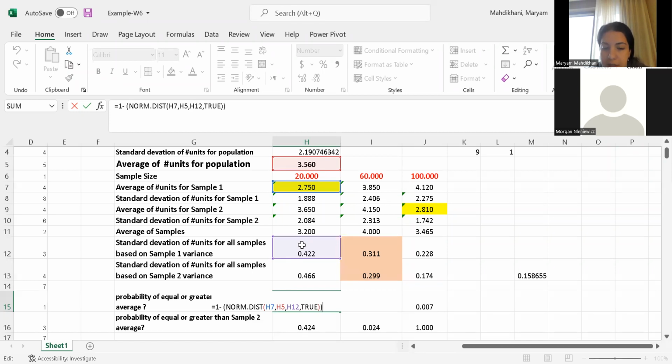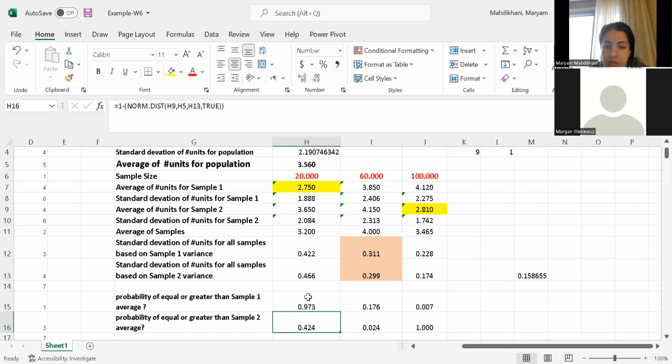So 1 minus that. There is a 97.3% chance that any sample you choose has an average equal to 2.75 or greater than 2.75.